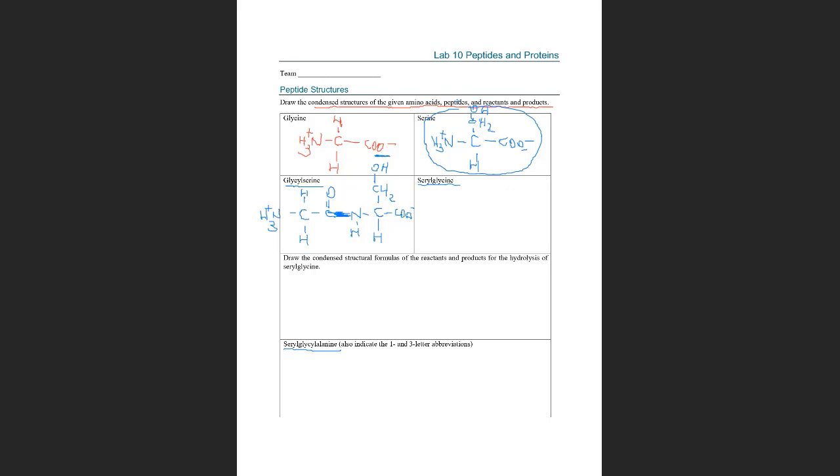I can actually do one. Let's do this one, serylglycylalanine. If we have to draw this, we start with serine, right?